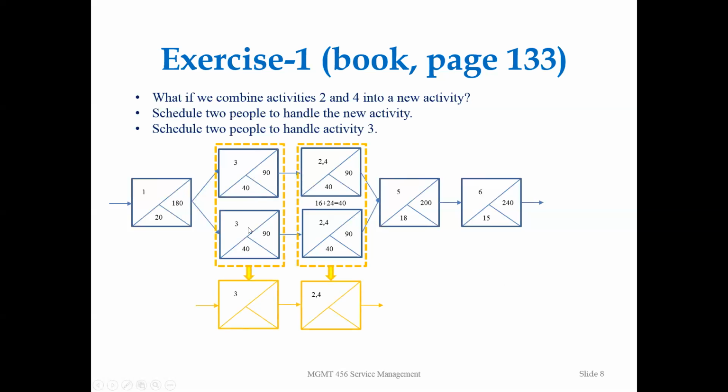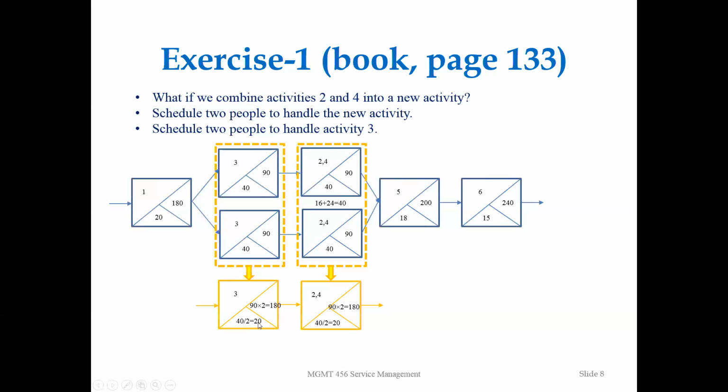So here, I have 2 people to perform activity 3. With 1 person, cycle time is 40, capacity is 90. So if you have 2 people, what's the equivalent cycle time and capacity? So equivalent cycle time and capacity will be 20 and 180. So the cycle time was 40, with 2 people, it's faster. So that's 40 divided by 2, with 2 people.